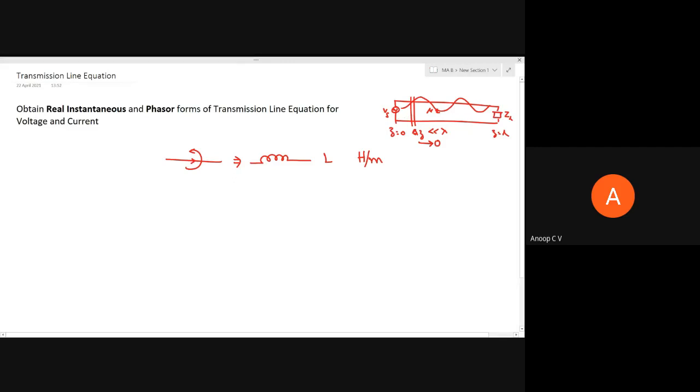But basically, any material won't have infinite conductance; the conductance will be finite. So because of that, there will be some resistance, which I have to consider. Again, I'm using capital R, and it's not resistance in ohm as such. It will be resistance per unit length, ohm per meter.